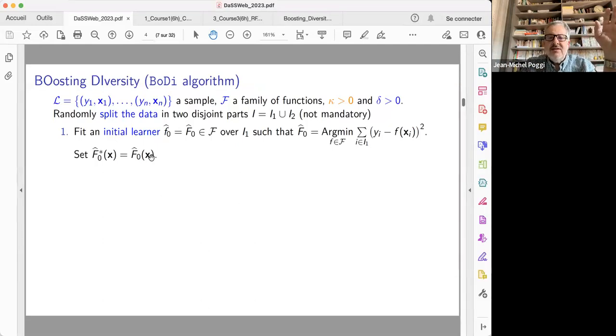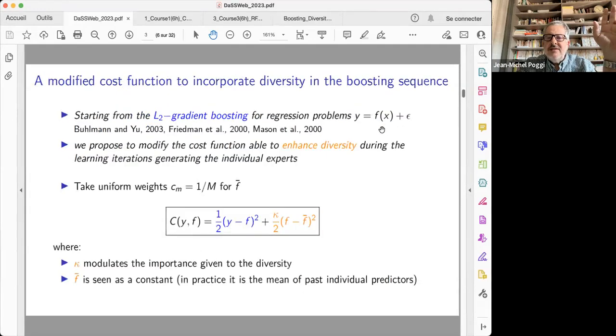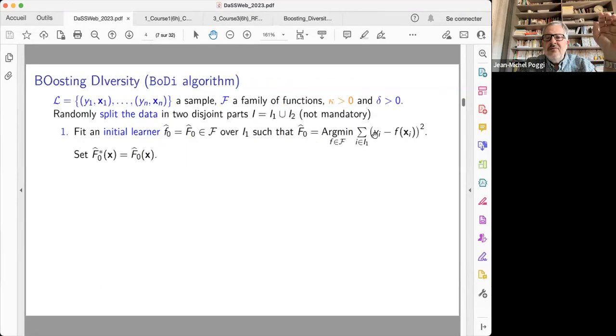The idea is to give an estimate of the unknown regression function f, and the boosting will deliver an additive formulation of such an algorithm. The first step is just to fit your favorite method on your data. This is the first initial learner.